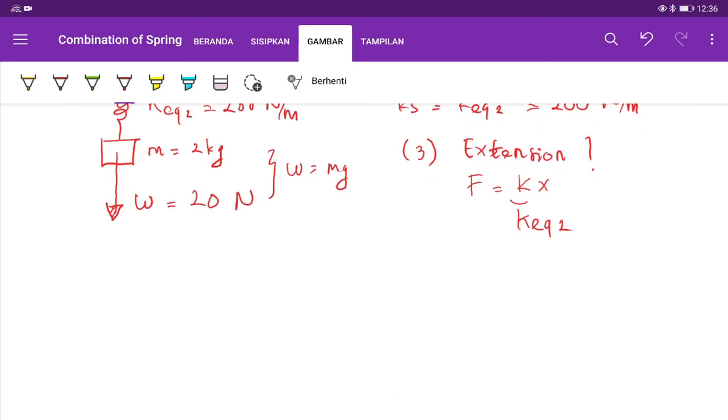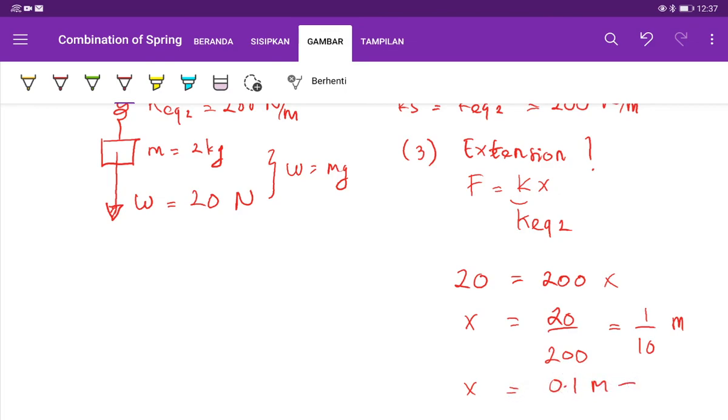And the force is the weight, which is 20 Newton, equals 200 Newton per meter multiplied by the extension. The extension will be 20 divided by 200, so it is equal to 1 per 10 meter, or the extension will be 0.1 meter.